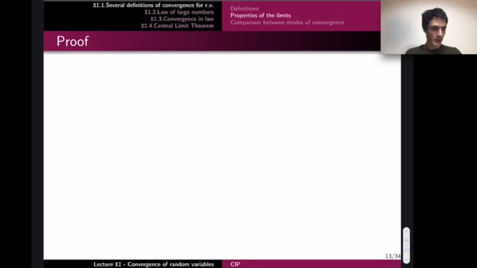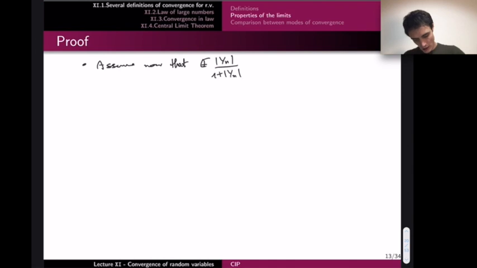And now in the opposite direction, assume now that the expectation of Yn divided by 1 plus Yn goes to 0. Well, in that case, what I want to do is prove that the probability that Yn is greater than epsilon goes to 0.